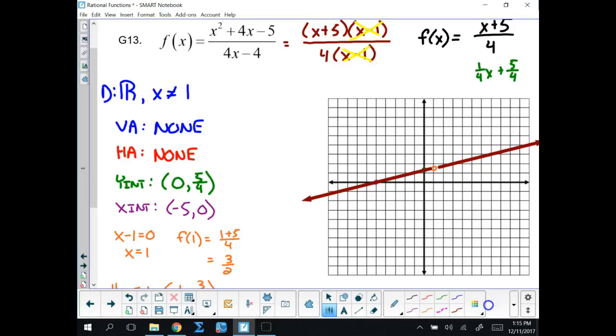Your function approaches asymptotes. It gets close to asymptotes everywhere. So if you have a horizontal asymptote, let's say, of y equals 2, your function at the extremes, at the end behaviors, is going to approach 2, not 0.